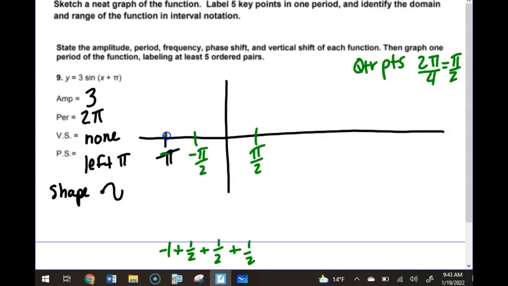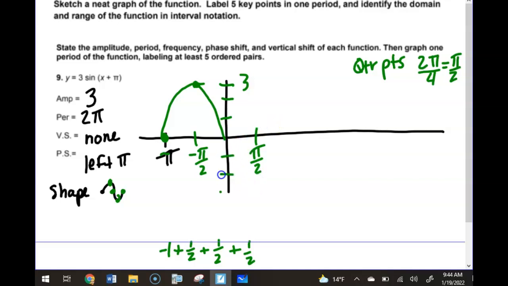All right, we're supposed to start here. So the amplitude is 3. I'm just going to make a number up here and call it 3. So it's going to hit 3 there. And then where's it going to be when it crosses? If it's a quarter point for a sine graph, it's going to go back here, right? Because the quarter points are where it hits maxes and mins and midlines.